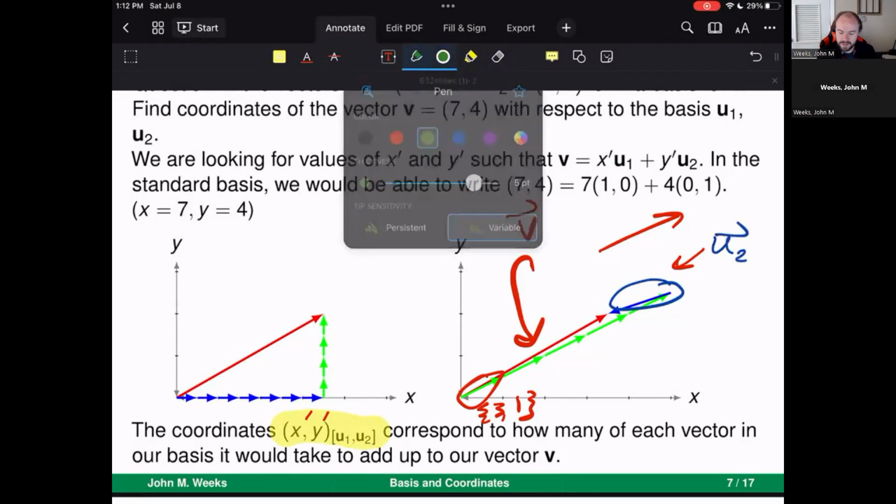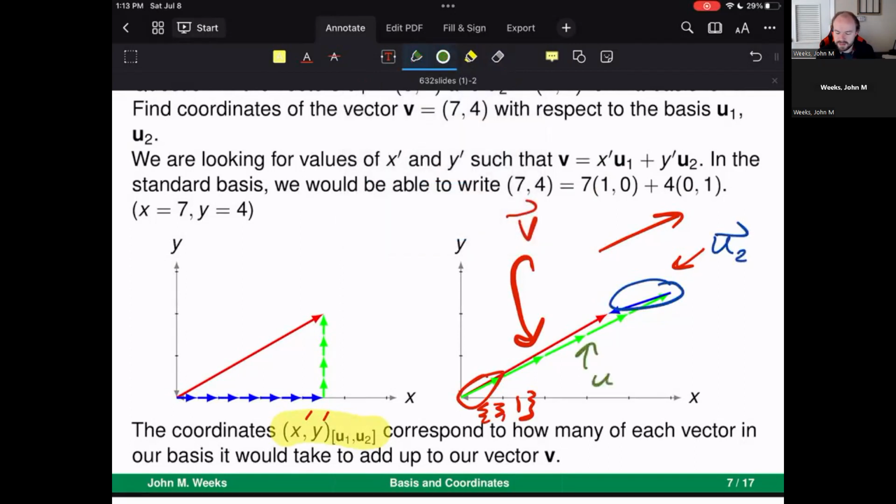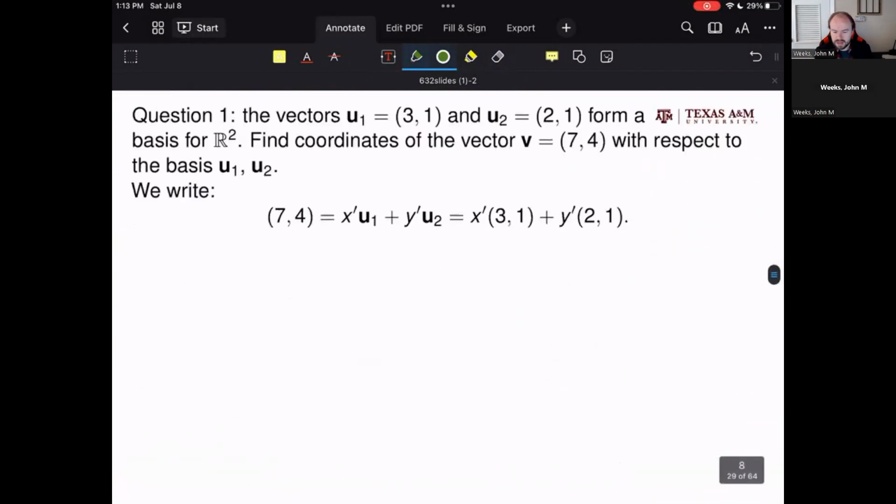And then we have in green our vector u1 and some linear combination of them, such that when you add them all up, you get to our vector v. So geometrically, this is what we're trying to do here. So here's our question one more time. Let's go through and see if we can write this down. We want to write the vector 7, 4 in terms of the vectors u1 and u2, where u1 is just 3, 1.